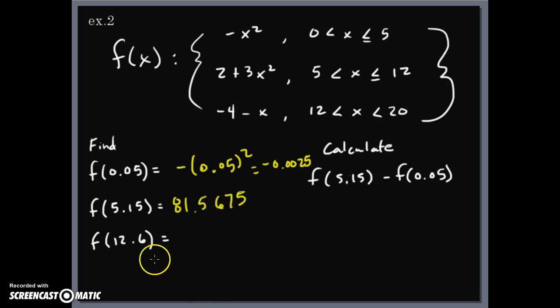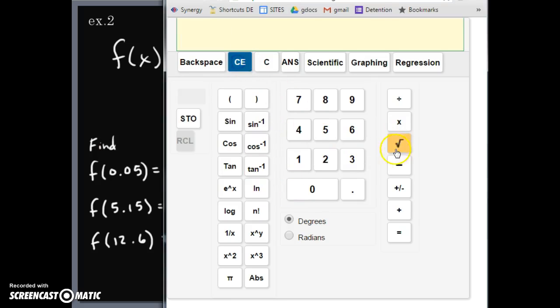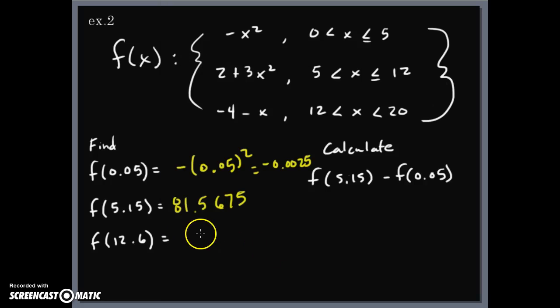And the last one, 12.6 fits between 12 and 20, and it's negative 4 minus 12.6, which is negative 16.6.